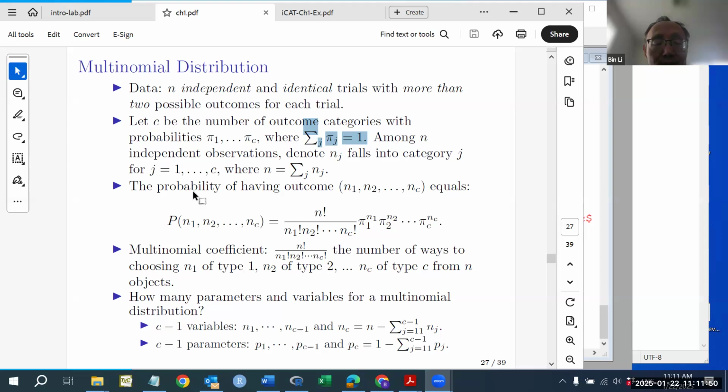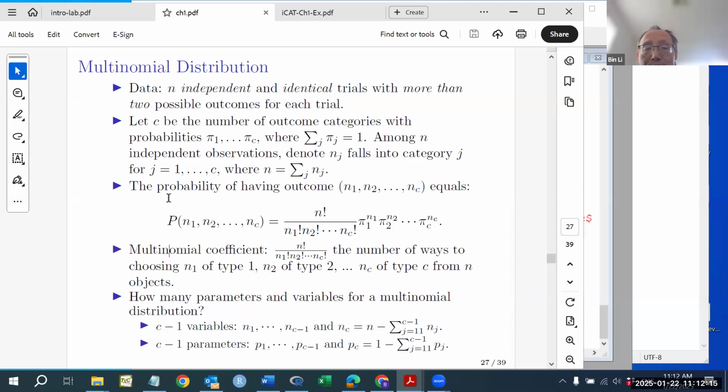Okay, so among these n independent observations, we have n_j that fall into category j, and j is from 1 through C. If we add all the n_j's together, we will have n, the total sample size.